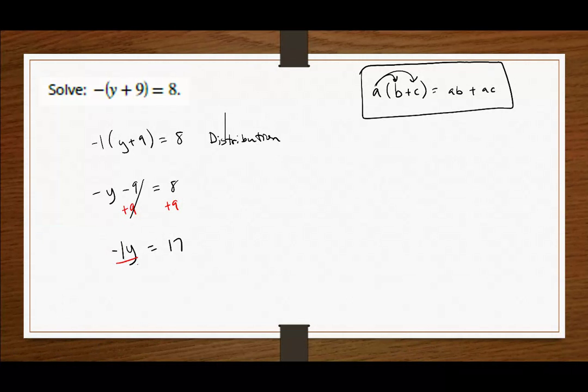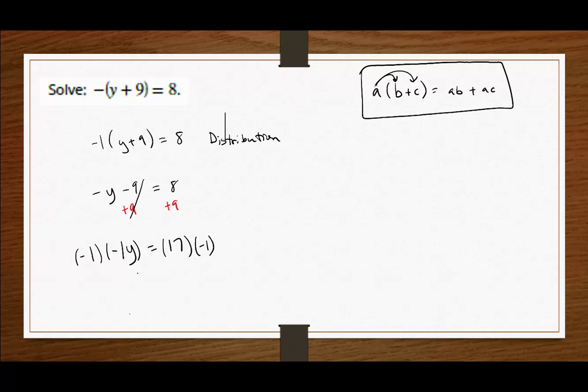So I could argue that division by -1 is appropriate. At the same time, if I use the multiplication property, I could use multiplication by the reciprocal in cases where I have a fraction. But in this instance as well, if I multiply by -1 on each side, I'll also end up removing that coefficient.